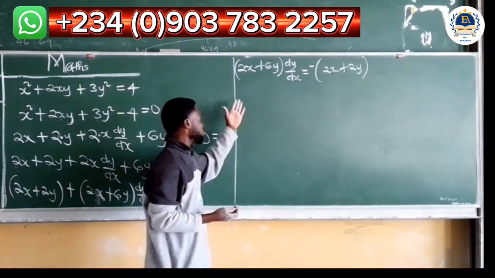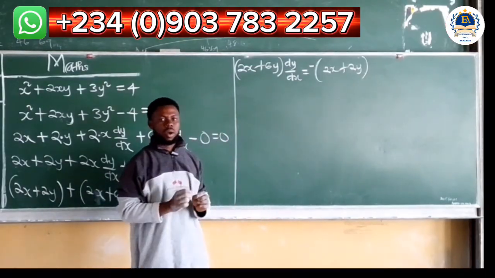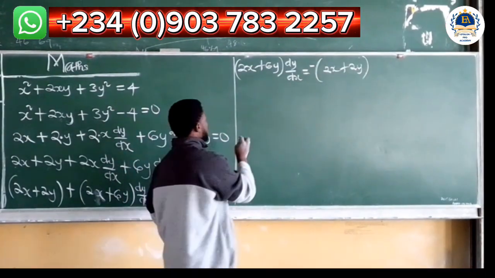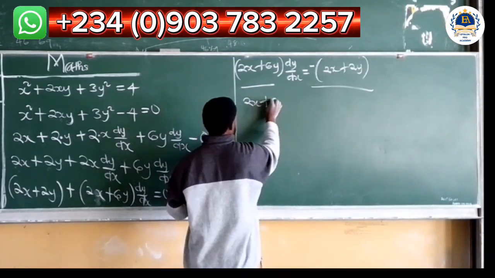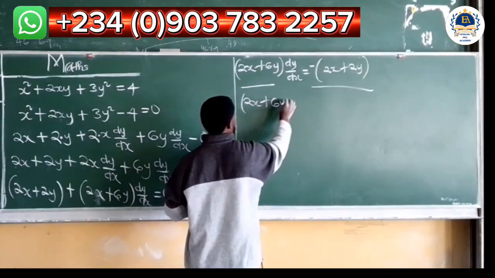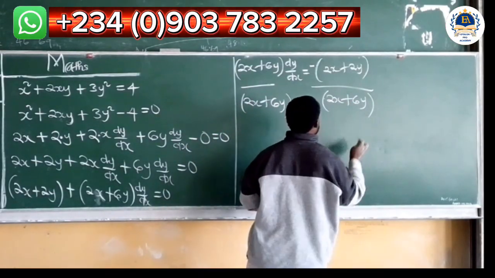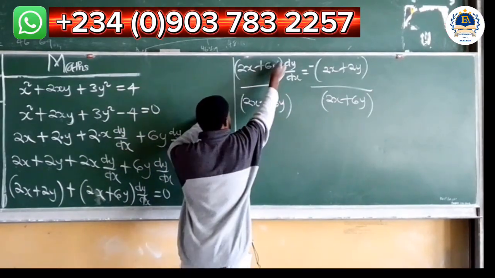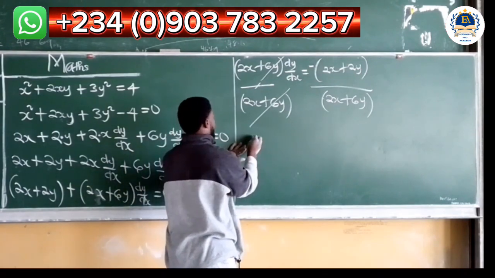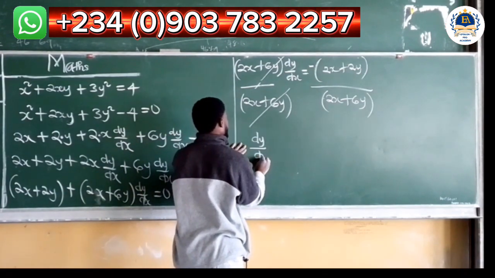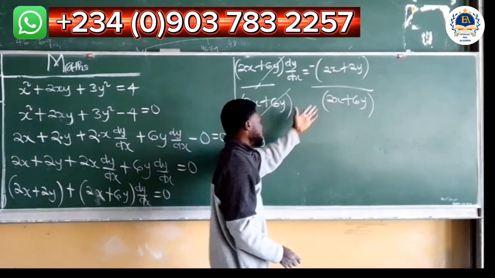Now is to divide the two sides by the coefficient of dy over dx, because we are meant to make dy over dx the subject of the formula. So dividing the two sides by 2x plus 6y, dy over dx will equal minus, let's factorize what we have here.